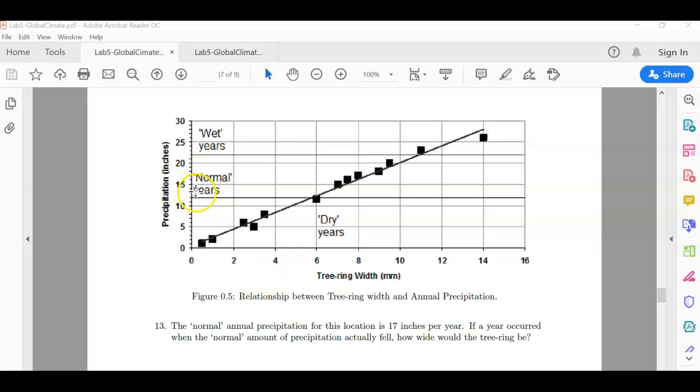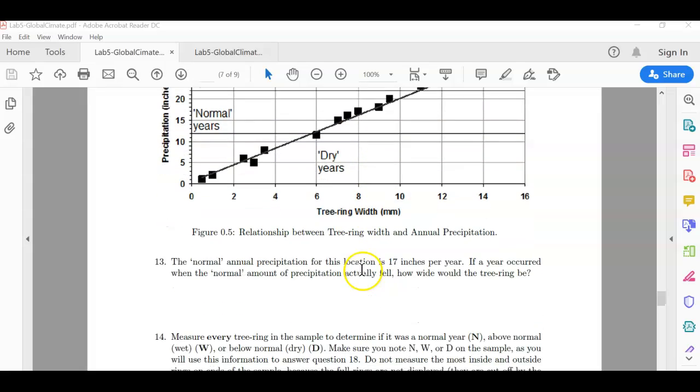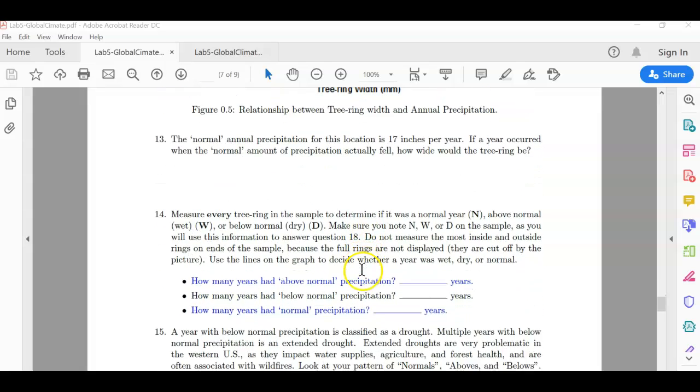So this is in the normal years, so 17, we could look exactly. So how wide would the tree ring be if it's corresponding to 17? So you would look straight across and onto the trend line, and I would say that it falls in about the 8 millimeter wide tree ring. So that's your answer for number 13. Pretty straightforward.